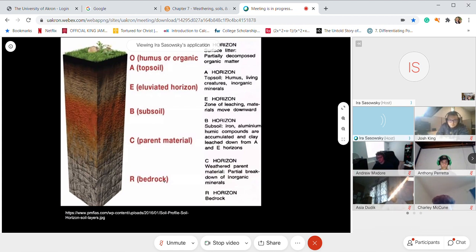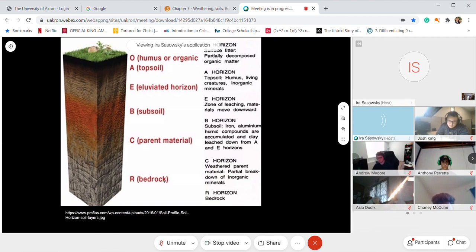Below that is the eluviated horizon, the E horizon, also called the zone of leaching. Well, the way that soils form is that water percolates down through them. You can think about it like making coffee: you're pouring hot water through the grounds, and that flow of water is leaching out or carrying away things from the coffee grounds.